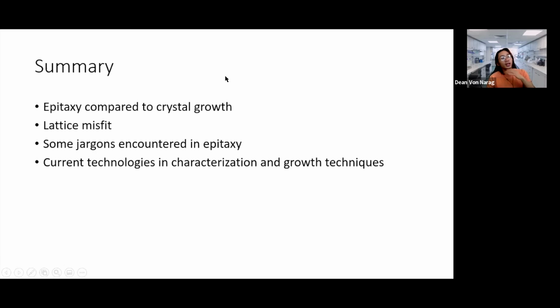So again, for epitaxy, kailangan may preferred orientation ka ng substrate, may orientation ka ng deposit, and may relative orientation sila compared to each other. We have looked at lattice misfit, and yung image natin kanina hopefully helped us realize how the compression or stretching occurs depending on the orientation of your substrate and deposit.